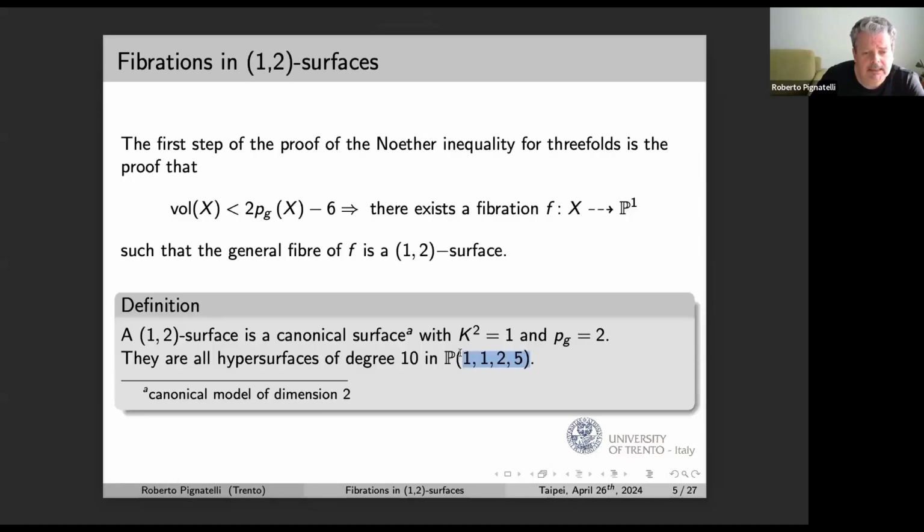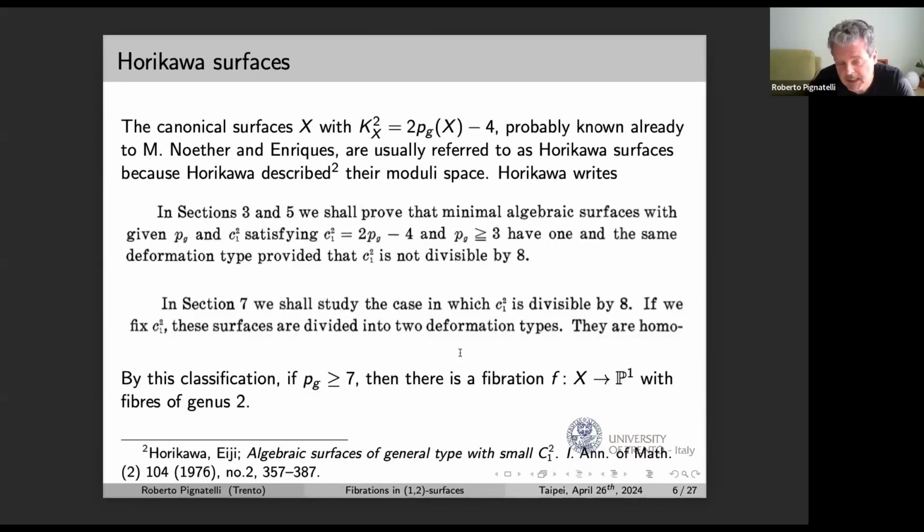So, when I saw this in the inspiring talk of Meng Chen, I got thinking about what I knew about the Horikawa surfaces. Because one of the papers I studied, the first paper I think I studied when I was a PhD student, were these very famous milestone papers written by Horikawa in the 70s, which are about moduli spaces of surfaces of general type.